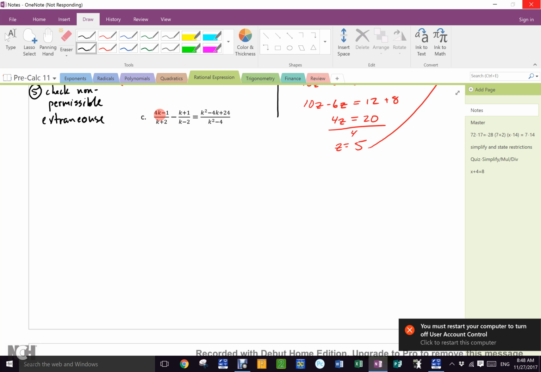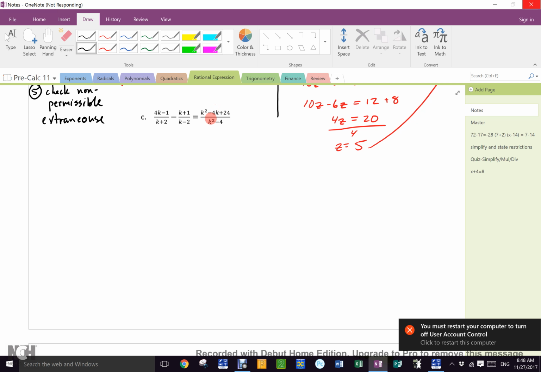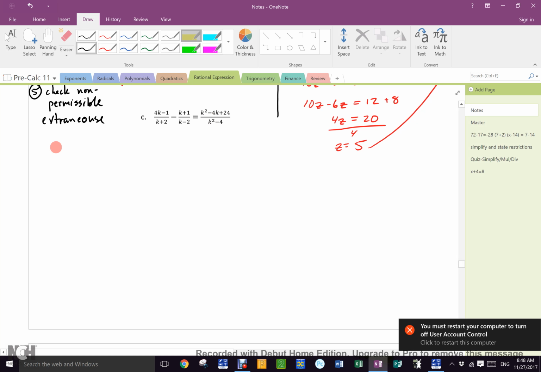Term 2? Nope. Term 3? Buckets of simplifying, yes? So, first two are staying the same. 4k minus 1 over k plus 2 minus k plus 1 over k minus 2 equals, what do I simplify out there? What is that going to become?